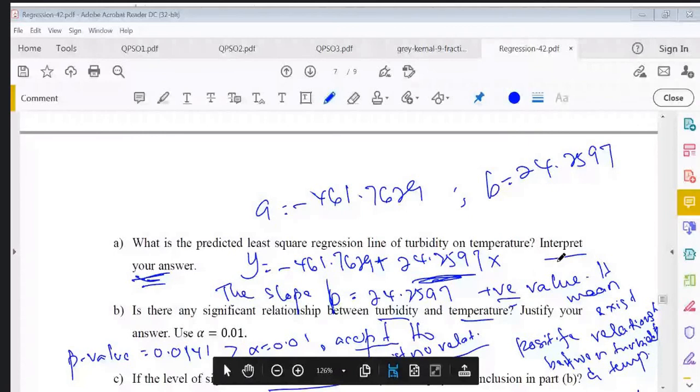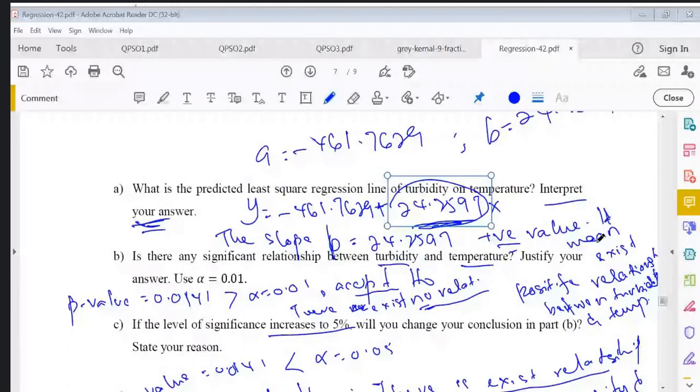It means there is a positive relationship between turbidity and temperature. When the slope is negative, you can say it is a negative relationship. When it is positive, you can say it is a positive relationship. Just write positive or negative.